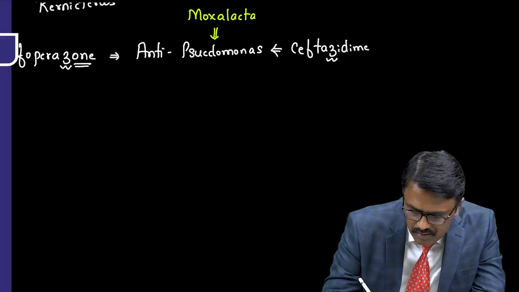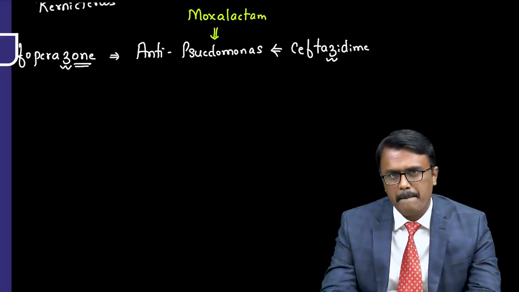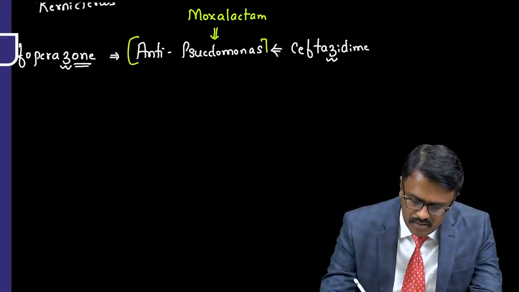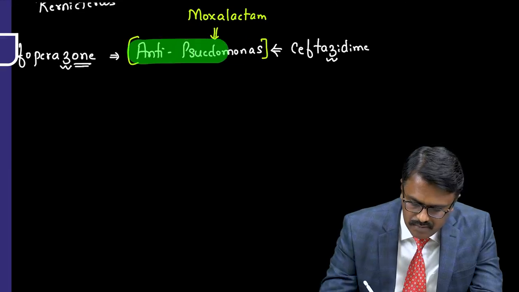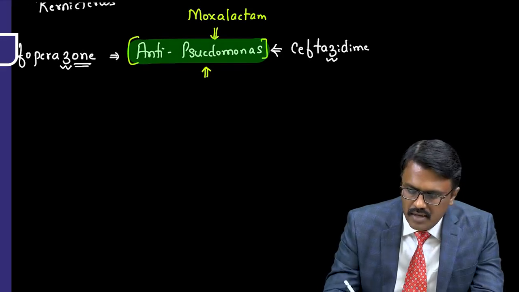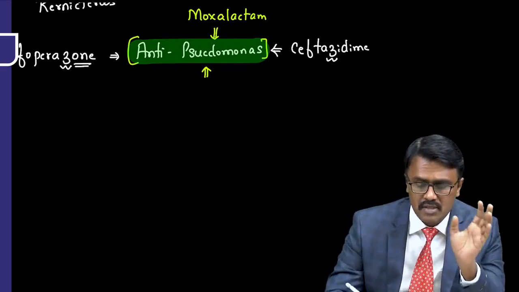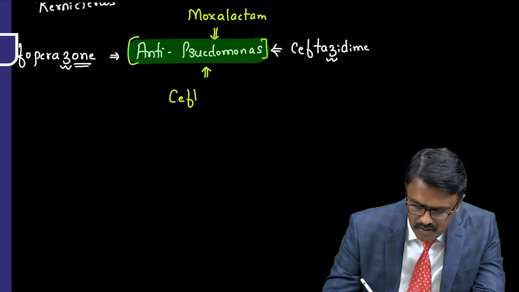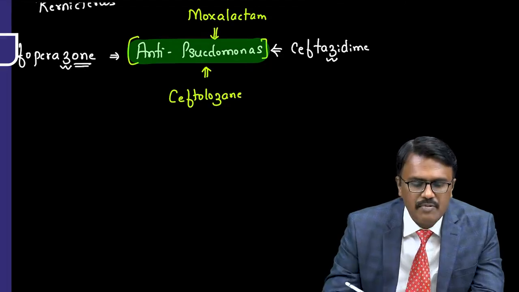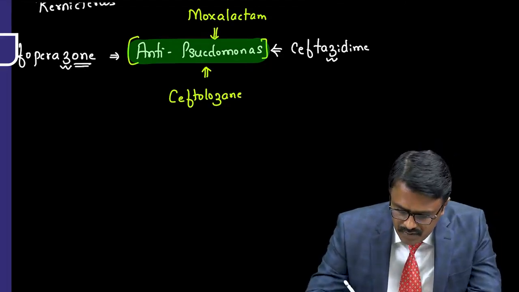These are the drugs which have anti-pseudomonal property. Very, very important point. Only these drugs cover that. Now one more drug which has anti-pseudomonal property is a derivative of ceftazidime. It is called ceftolozane.